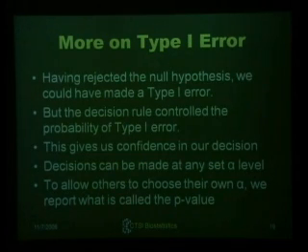Now, decision can be made at any set level of alpha. Suppose we were not happy with 0.05 as the error probability, wanted it down to 0.01. Well, going back to that normal distribution, I can compute a different cutoff. It'll be somewhere around 2.5 or something like that, okay? So lots of programs will easily let you compute those things.